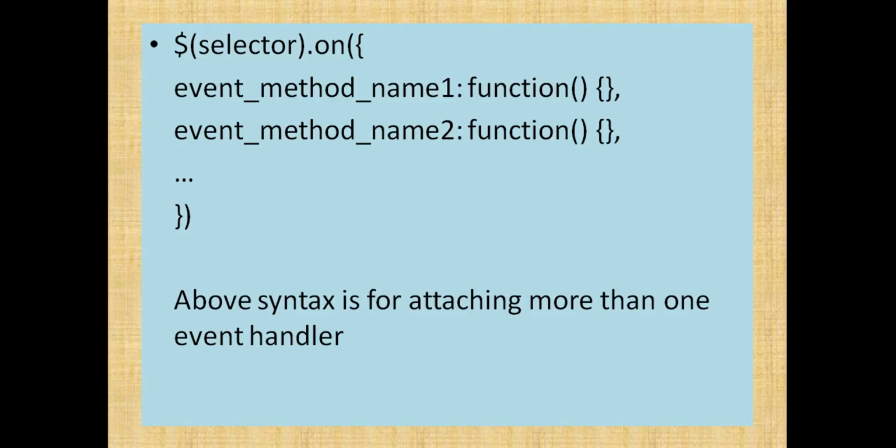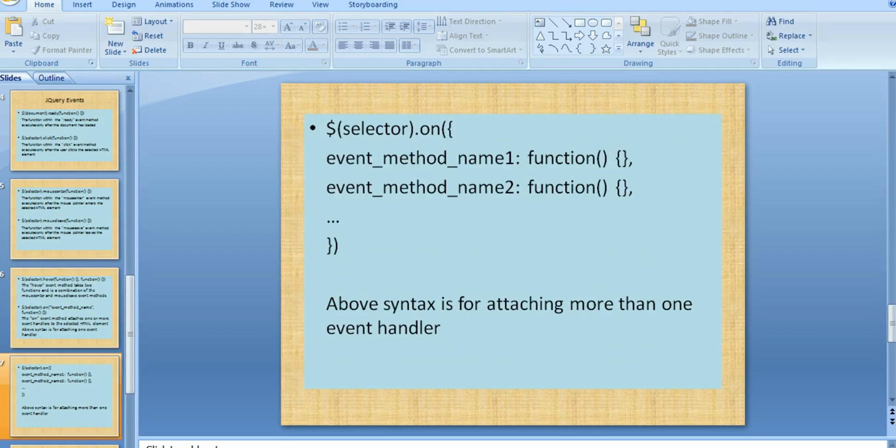As you can see, we have event name 1 and its function separated by a comma, with event name 2, then its function, and other events as well. Let's see how we can use them in our code.